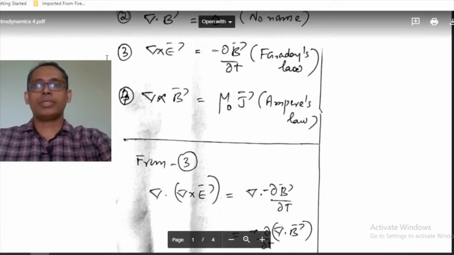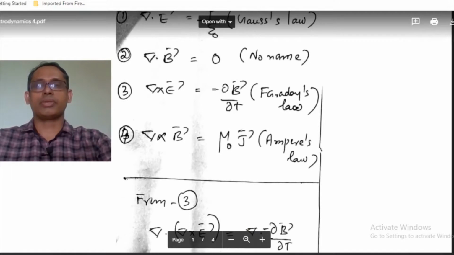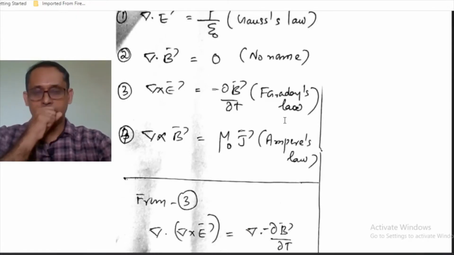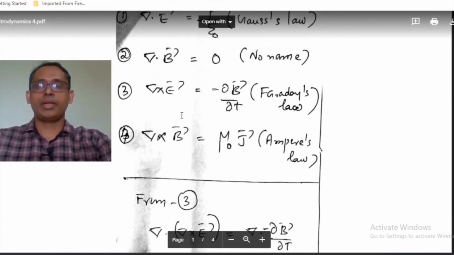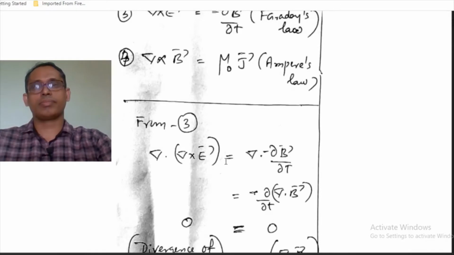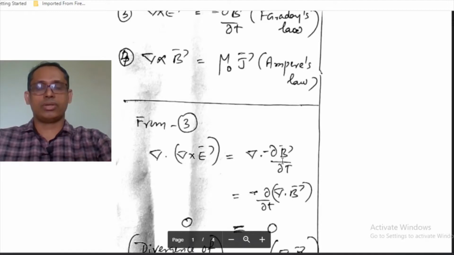Now, if you take equation 3, where del cross E is equal to minus dou B by dou t, and if you take the divergence, that is del dot del cross E, that will be equal to del dot of minus dou B by dou t. I can take this del dot inside the partial derivative.